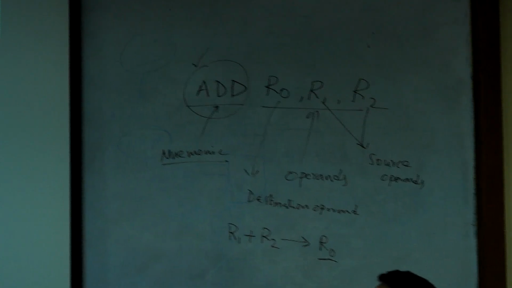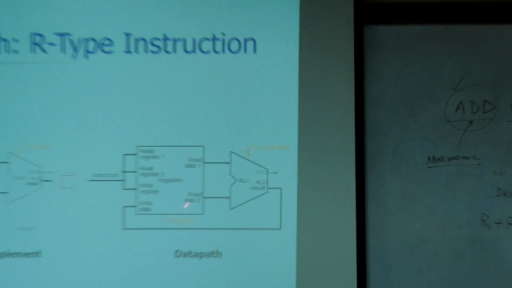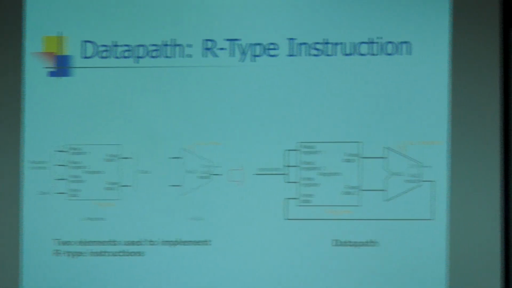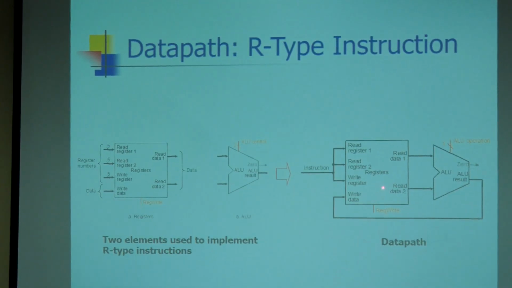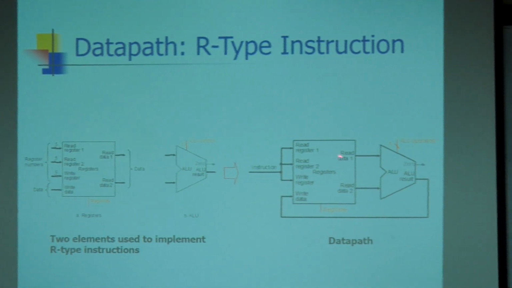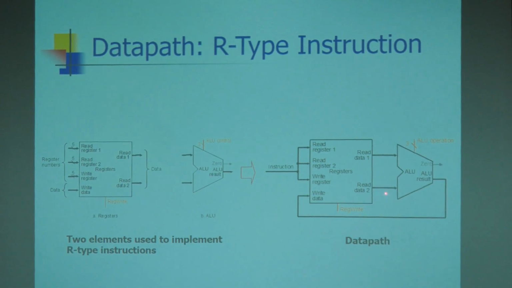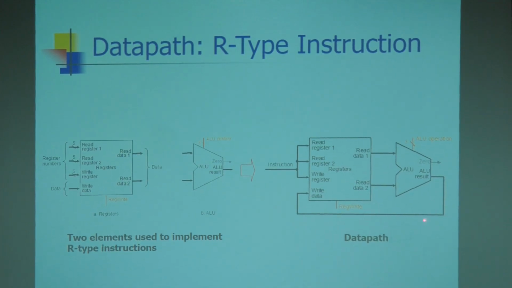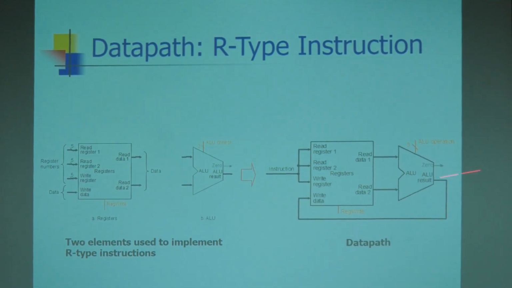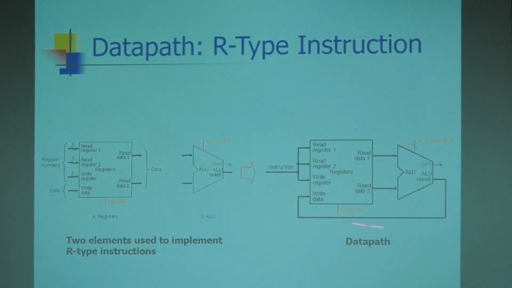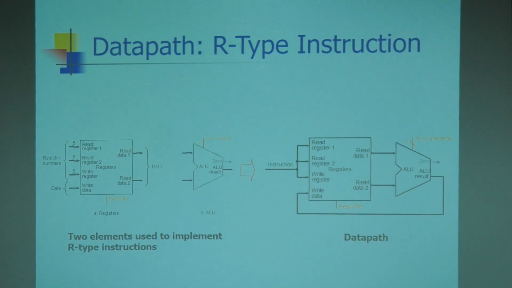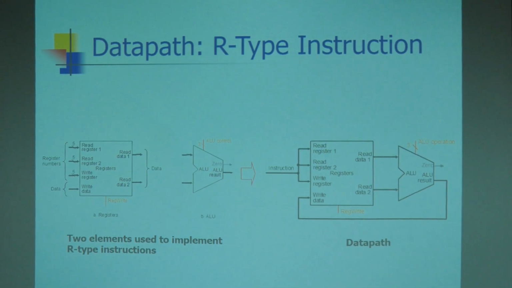So you can see here, these are the 2 registers we are going to read, R0 and R1, from these 2 read ports. Then after that comes the addition, and the result is written again into R0 through the write port. So 2 read ports and 1 write port are required by the register file.